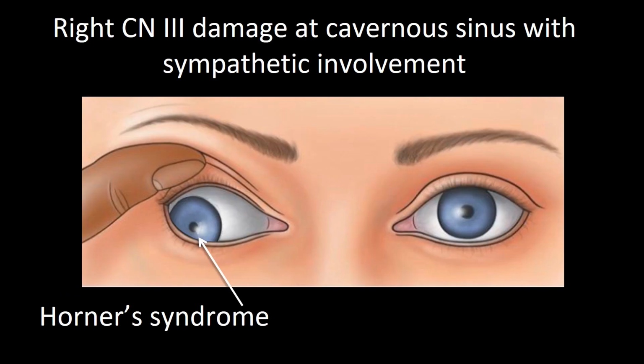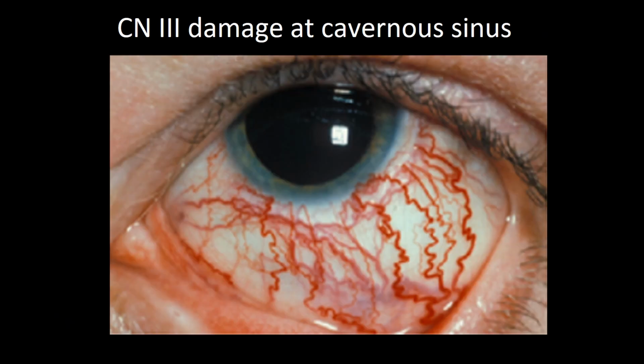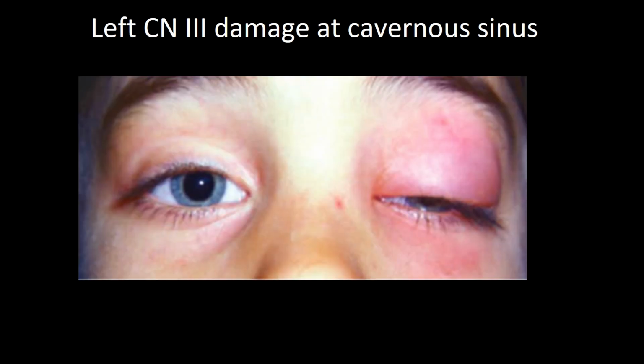In such instances, the eye deviates down and out as corresponds to a cranial nerve 3 lesion, but the pupils are small, as would be seen in patients with Horner syndrome, as you can see in this frame. But more often, pupils are enlarged and vessels in the conjunctiva are prominent and tortuous, as you can see in this frame, or the ipsilateral eyelid is swollen as a result of venous obstruction.